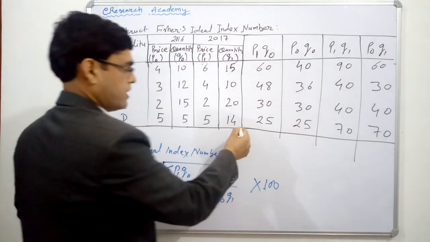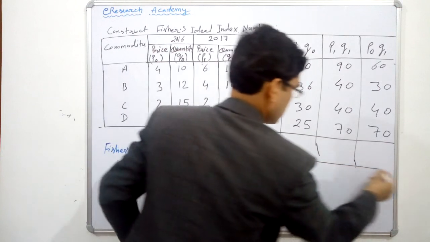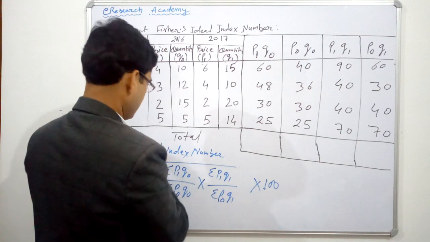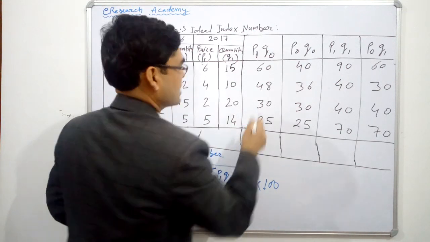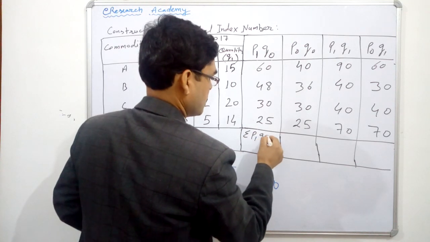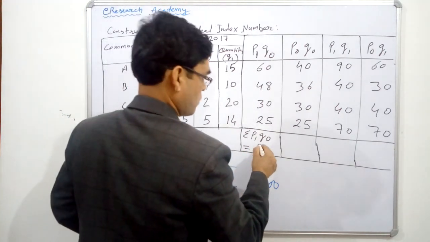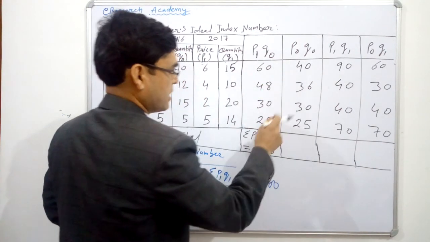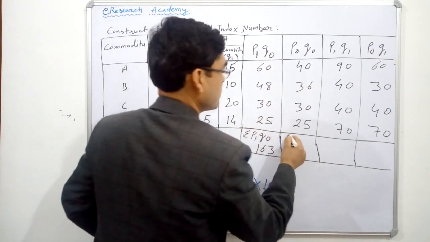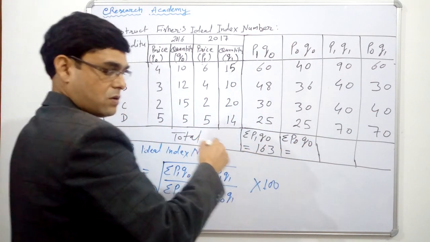Now we need the summation of these columns as per the formula. Let's write the total here. Sigma P1 Q0 is 163. Sigma P0 Q0 is 131.